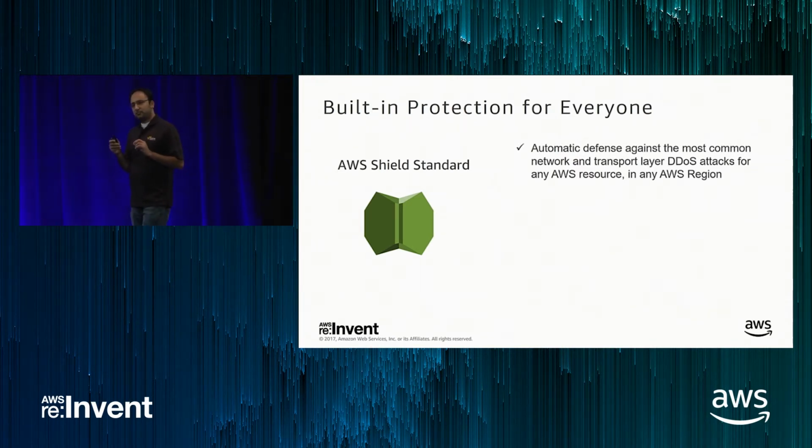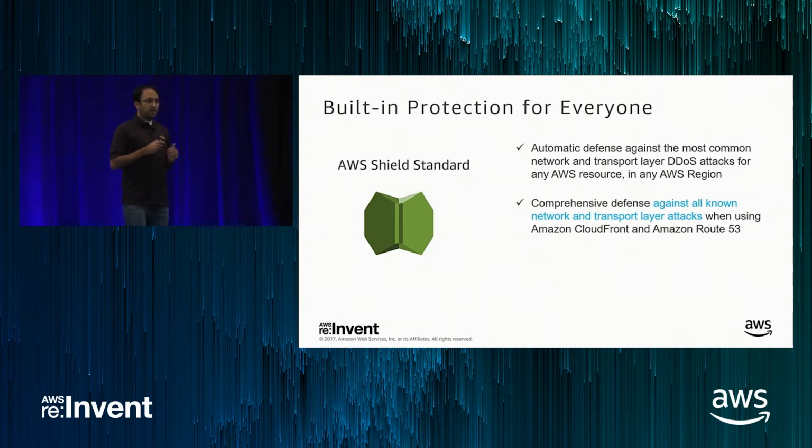It protects you on any internet-facing AWS resource in any AWS region, be it Elastic Load Balancer, the newly released API Gateway endpoints and regions, or even EC2 instances for that matter. There are common protections against layer 3 and 4 threats on all these internet-facing services.